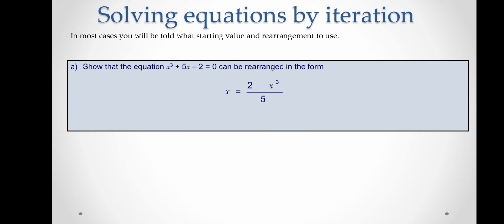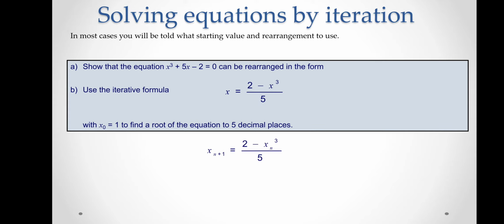Right. Then show that the equation x cube minus 5x minus 2 equals 0 can be rearranged in the form x equals 2 minus x cube divided by 5. Okay, the first thing you have to do is rearrange this equation to this form, right?